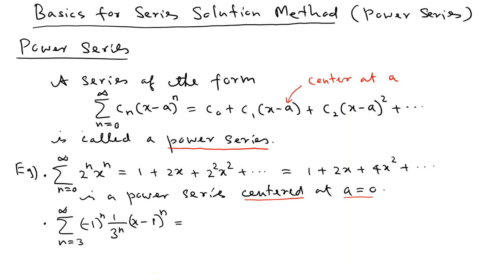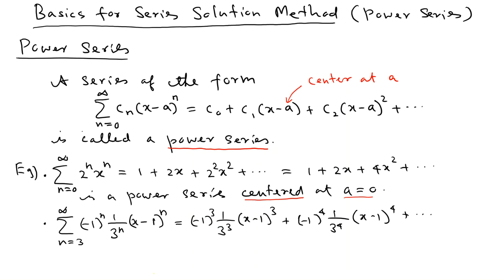If you plug in n equals 3, what do you get? Negative 1 to the third power, 1 over 3 to the third power, x minus 1 to the third power, and then plus negative 1 to the fourth power, 1 over 3 to the fourth power, x minus 1 to the fourth power.